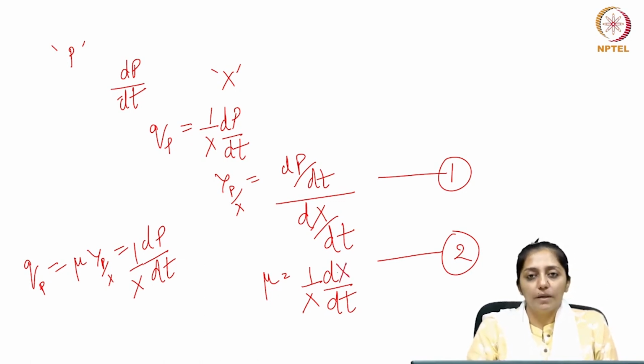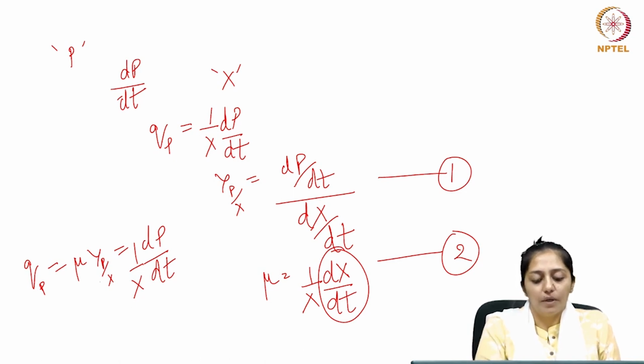So your equation 1 is Yp by x, dP by dt by dx by dt, and equation 2 is specific growth rate, which is 1 by x dx by dt. The typo has been corrected now. So now I hope you can understand.